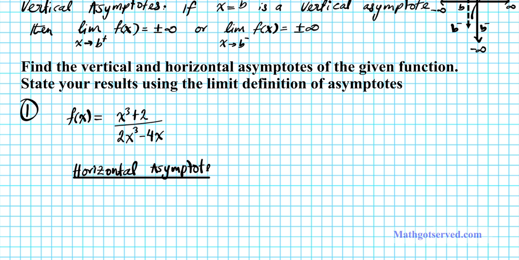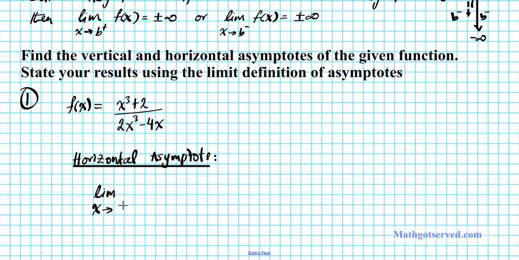For the horizontal asymptote, we're going to find the limit as x approaches infinity first, and then negative infinity afterwards. So the limit as x approaches infinity of x to the third plus 2 divided by 2x to the third minus 4x.